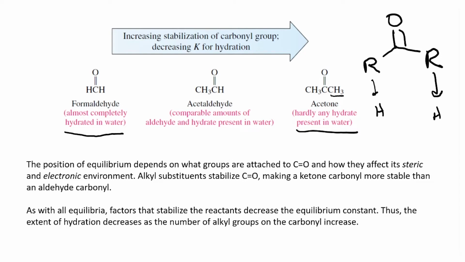So the reactant of this equilibrium, which is the carbonyl compound, gets more stable, and therefore the population of the ketone increases and the equilibrium constant is going to change. This is an important example of how you can use experimental data to make interpretations about the stability of various participants in an equilibrium.